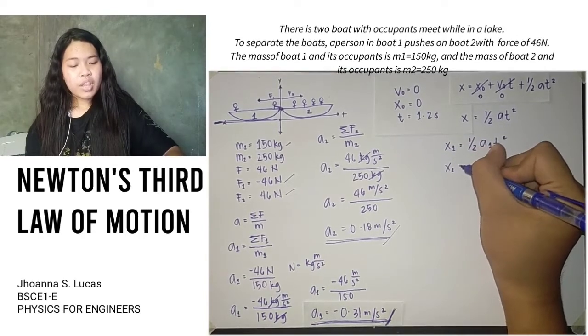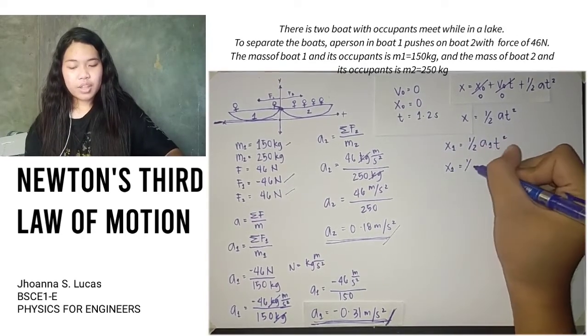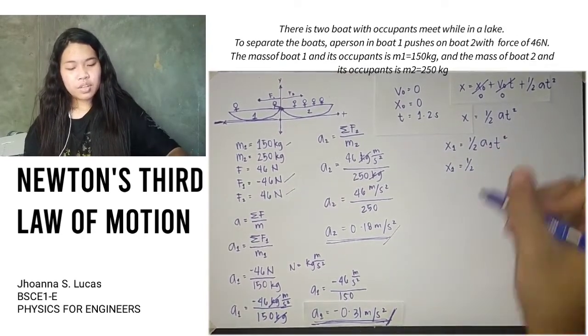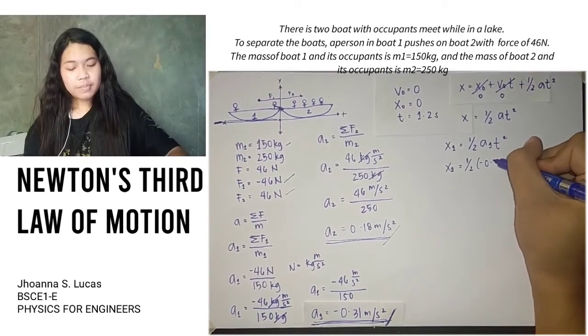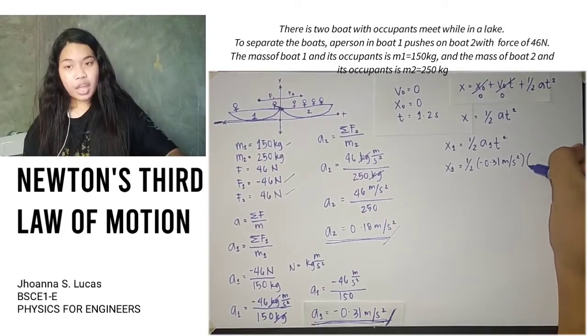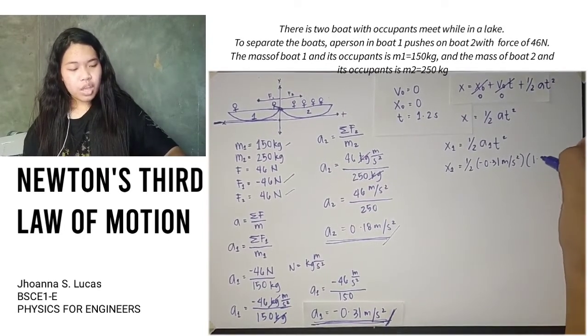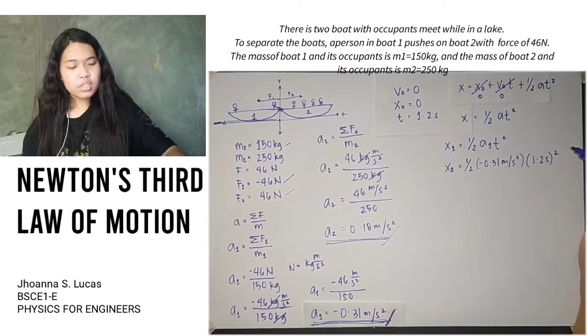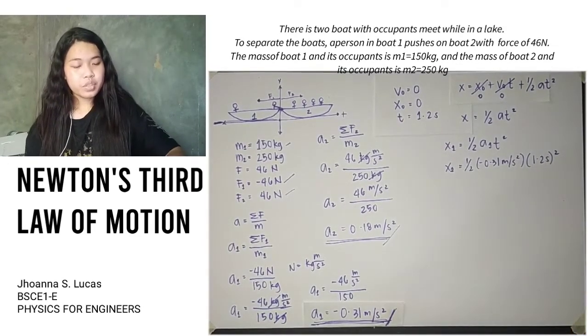So 1/2 times a sub 1, negative 0.31 meter per second squared, times our time, 1.2 seconds squared.